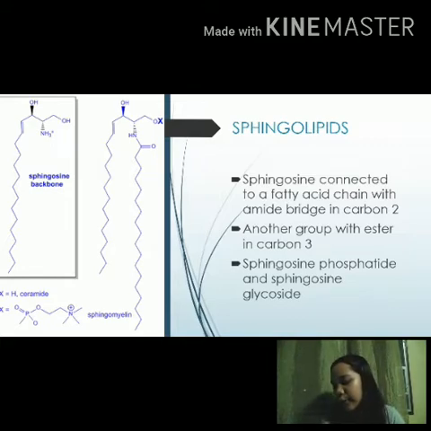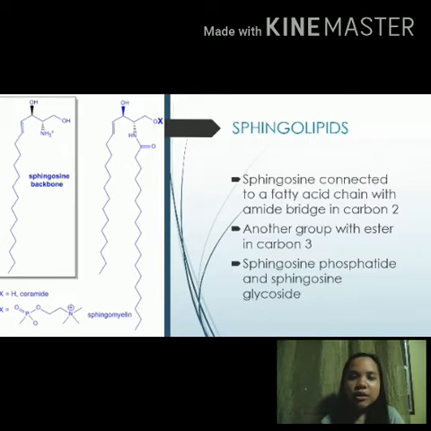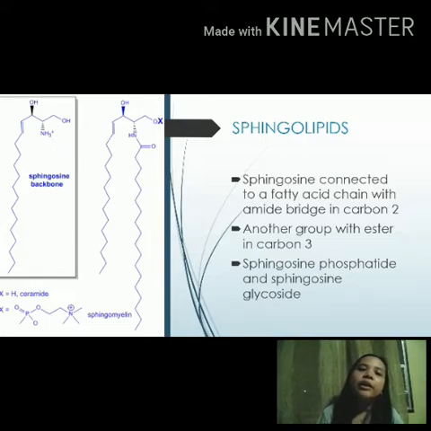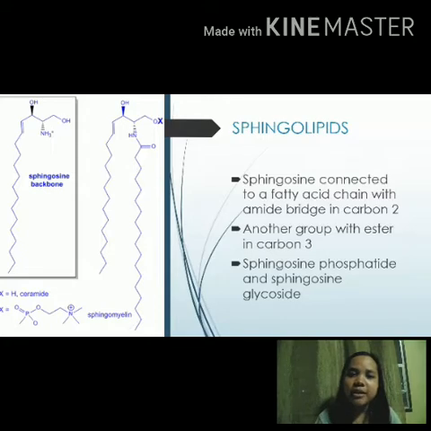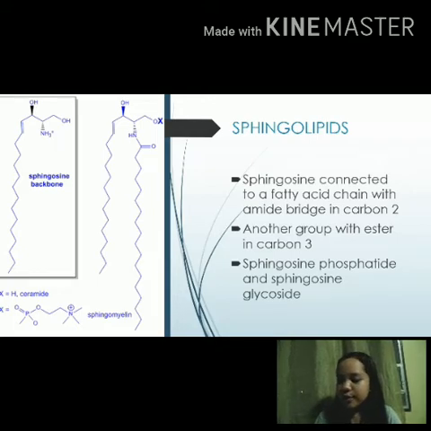So, the general formula of a sphingolipid is a sphingosine with a fatty acid chain in its second carbon attached through an amide group, and a group in the third carbon attached by an ester linkage. So depending on what group is attached in the third carbon determines their group structure under sphingolipids.